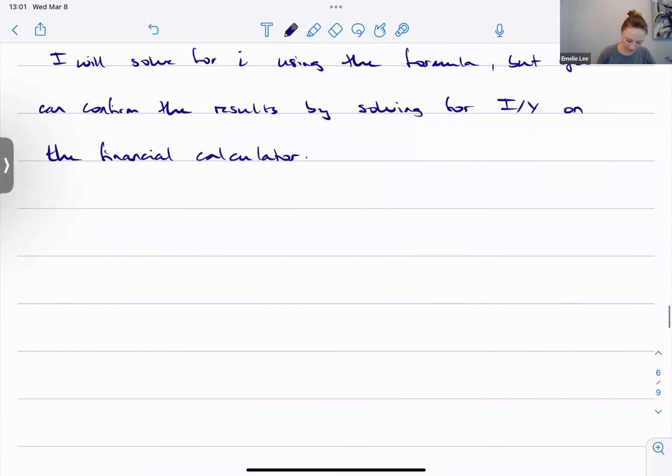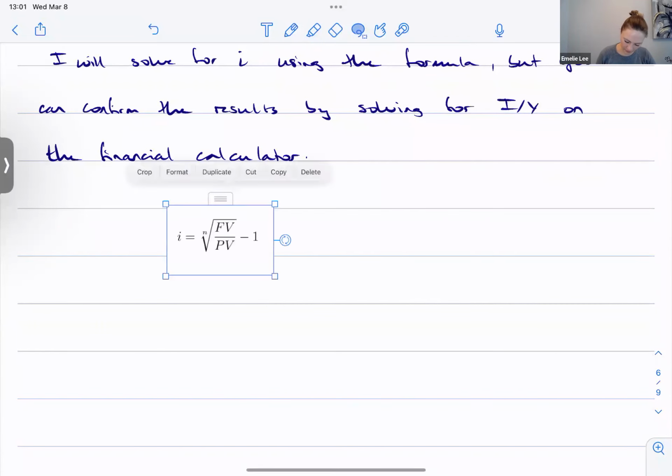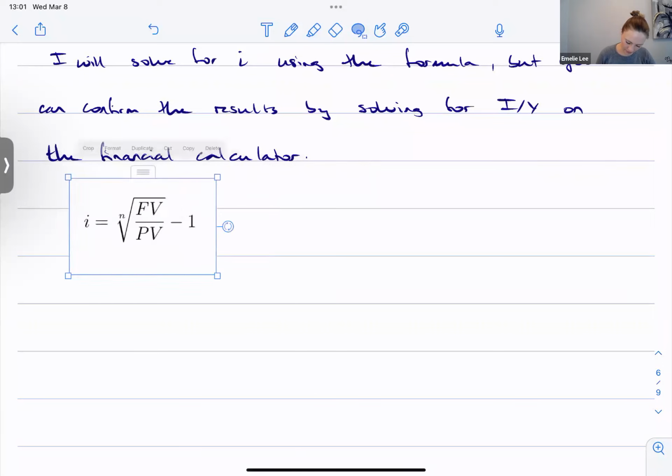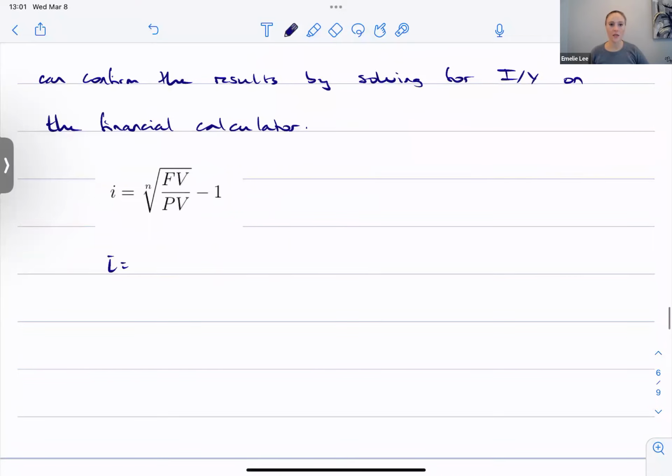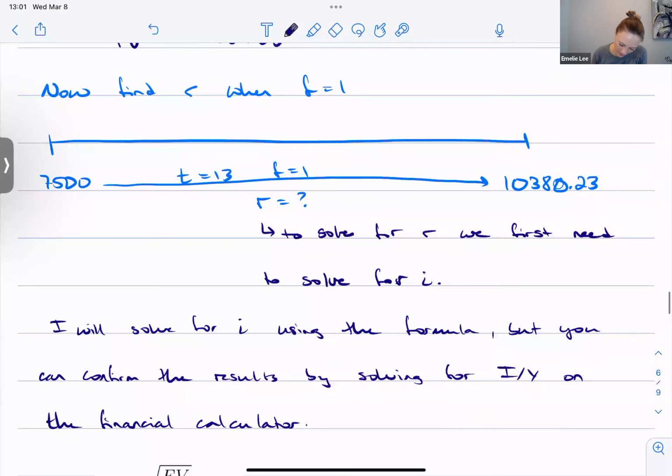Okay, so we have our formula for I. So I is, and N in this case is time times the frequency as always, right? And so N is time times the frequency, which is 13 times 1, which is 13.